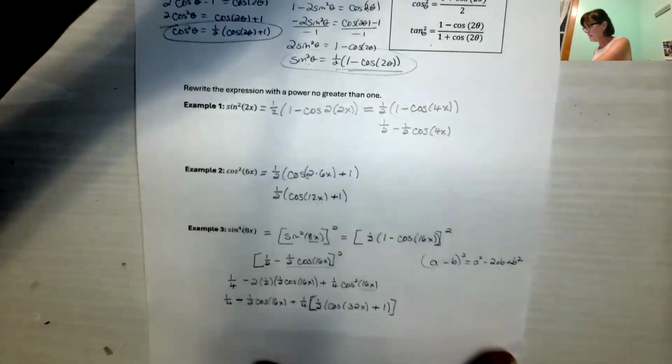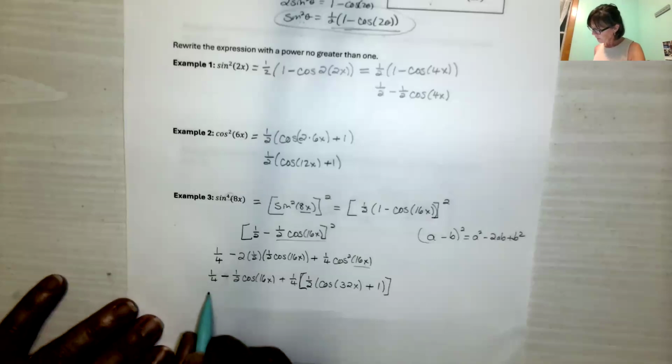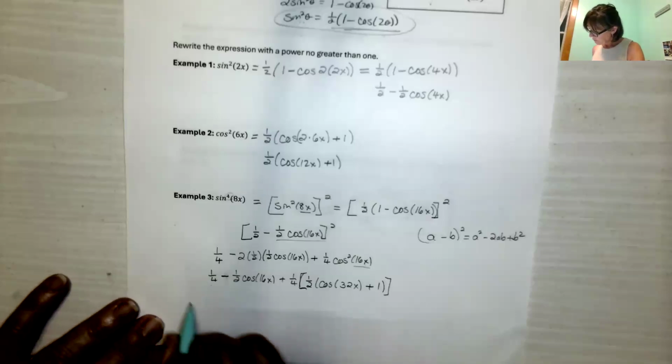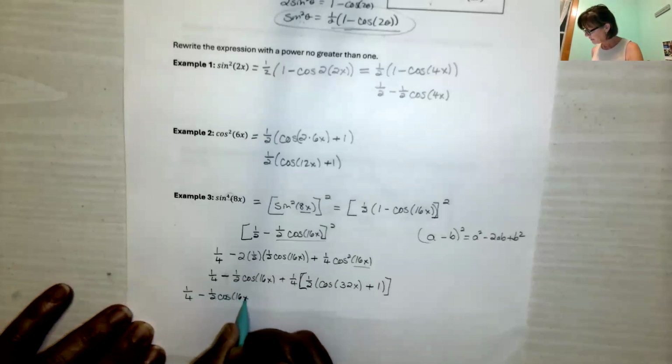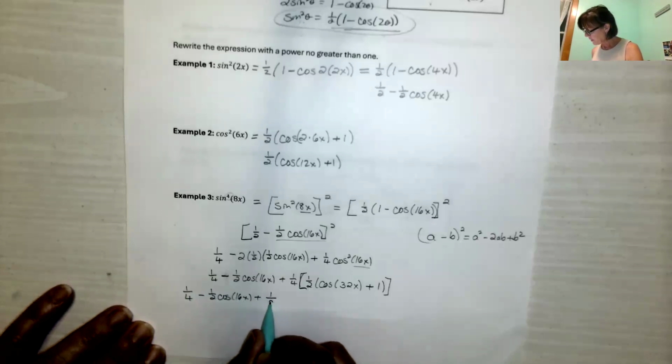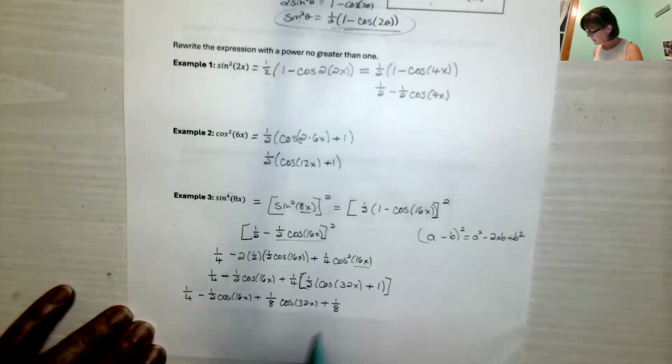All right, so let's see here. This will be 1/4 minus 1/2 the cosine of 16x. 1/4 times 1/2 is 1/8 the cosine of 32x. And 1/4 times 1/2 times 1 is 1/8.